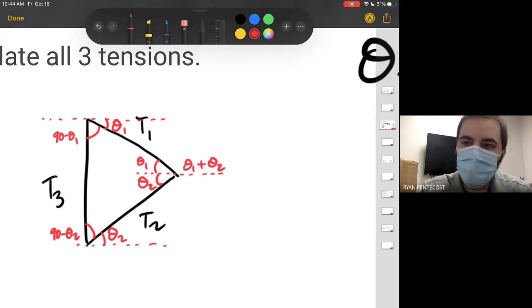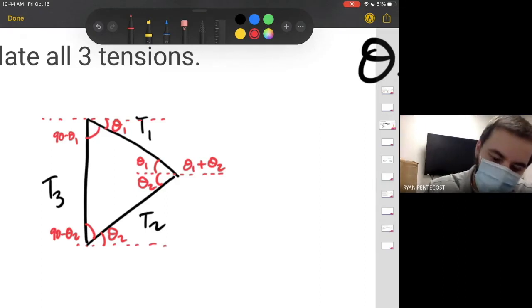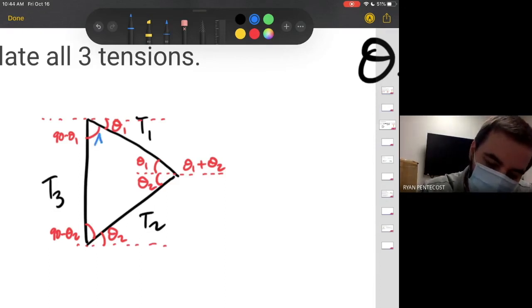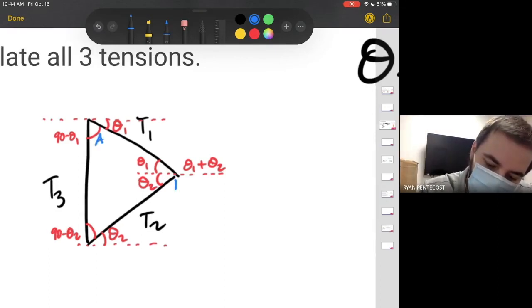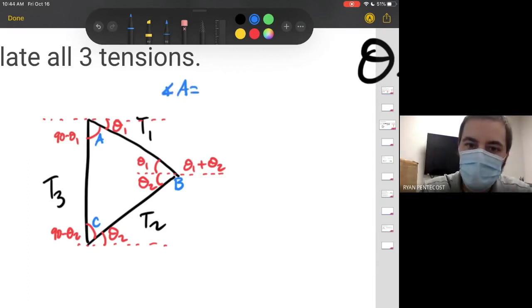Now, that gets kind of messy, because now we need to look at what is A, B, and C. I'm going to arbitrarily call this A, this B, and this C for our angles. Angle A equals 90 minus theta 1.